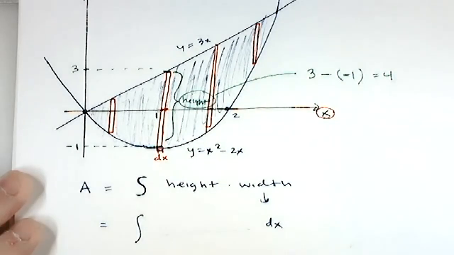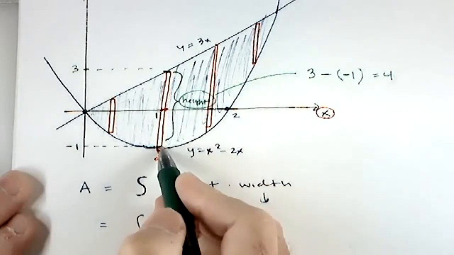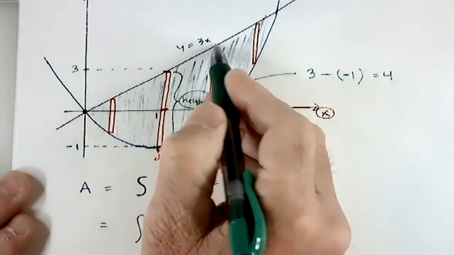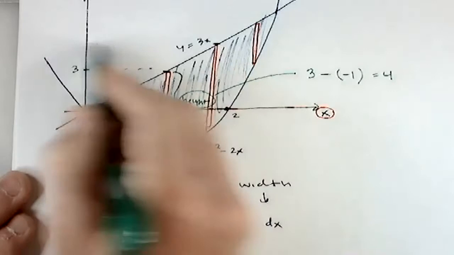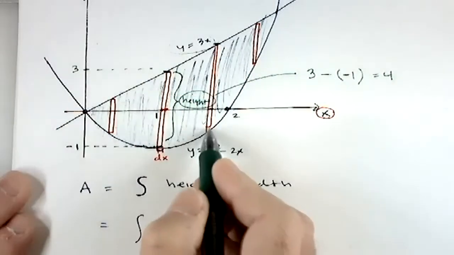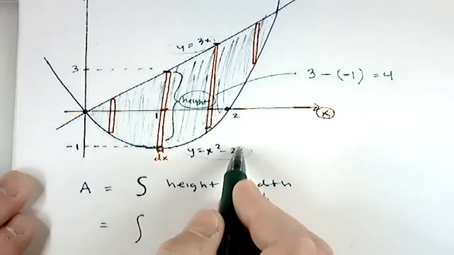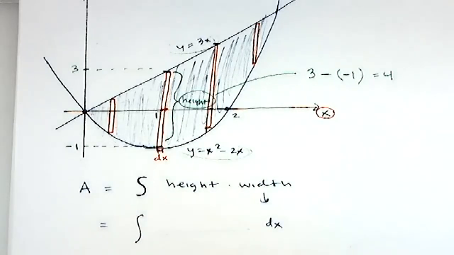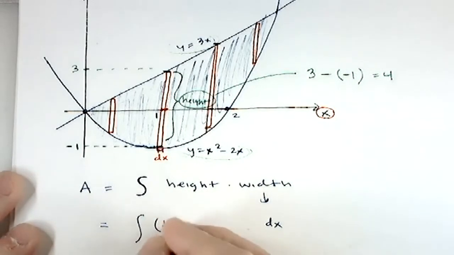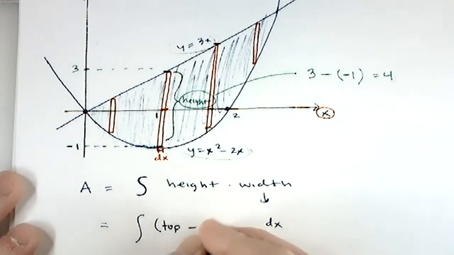So what that tells you is that no matter what x value we're at, to find the height, I'm always going to take whatever this top number is, determined by this equation, and subtract what I get from this equation. That's what you saw in class: when I want to find the height of one of these rectangles, we always want to do top minus bottom.